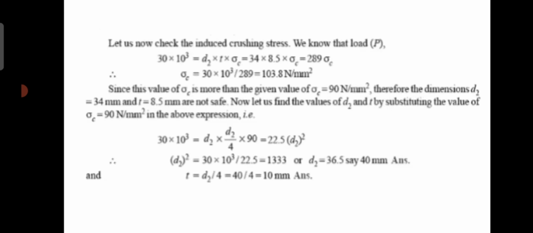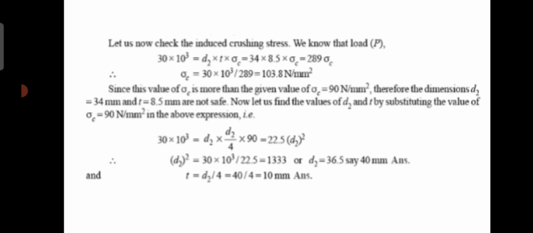Let us now check the induced crushing stress. We know that load P equal to d2 into t into sigma C. Except sigma C, the remaining values we know: P equal to 30 into 10 to the power 3, d2 is 34, small t is 8.5.